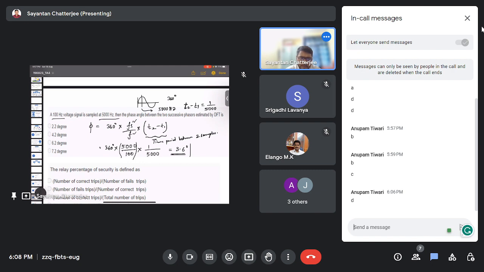The answer is given as 7.2. Can you give any justification?